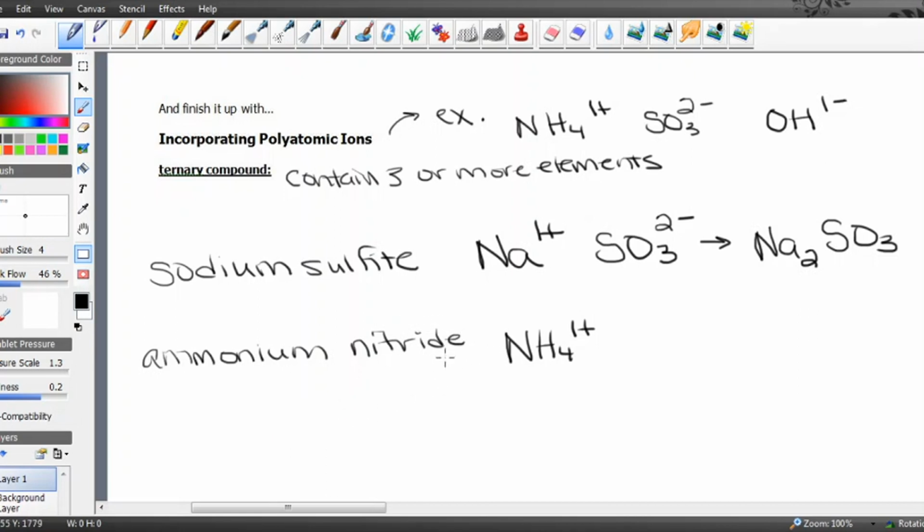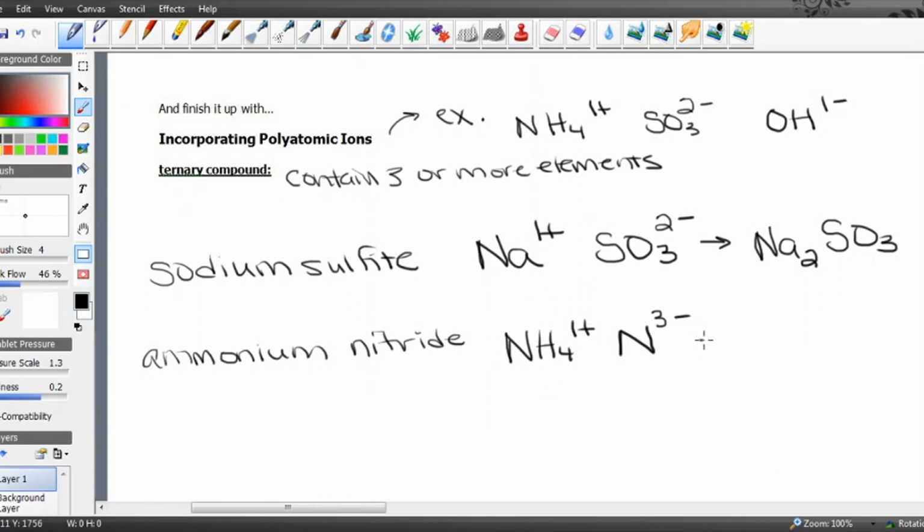Remember, if it ends in "ide," it's the element, with only 2 exceptions. So nitride is the element nitrogen. Nitrogen's in group 5, so it makes a 3 minus charge. Now I need to cancel out this 3 minus with this 1 plus, and so I'm going to need 3 of these ammoniums.